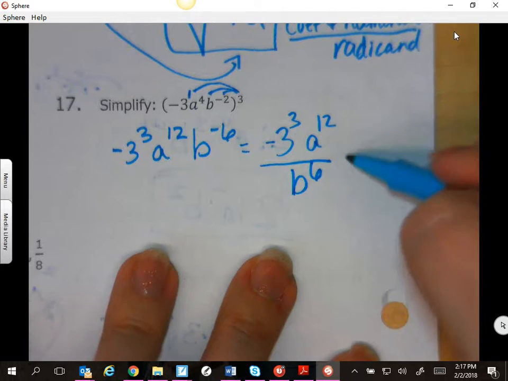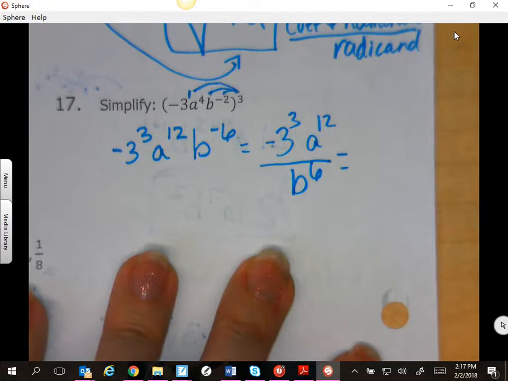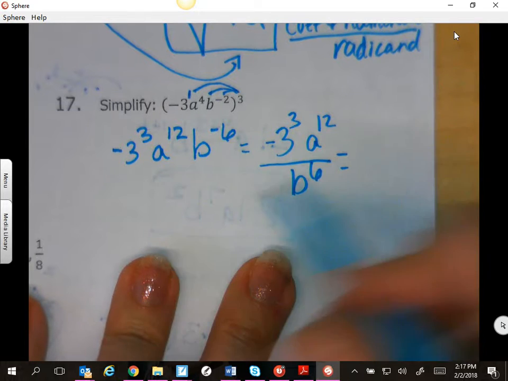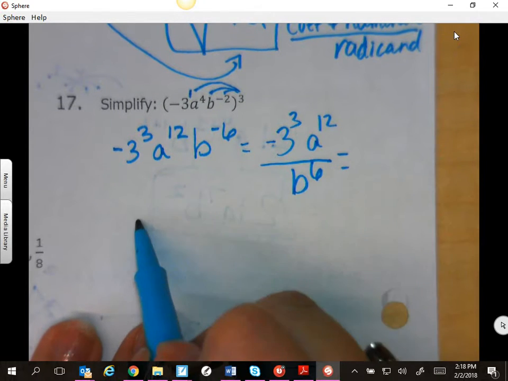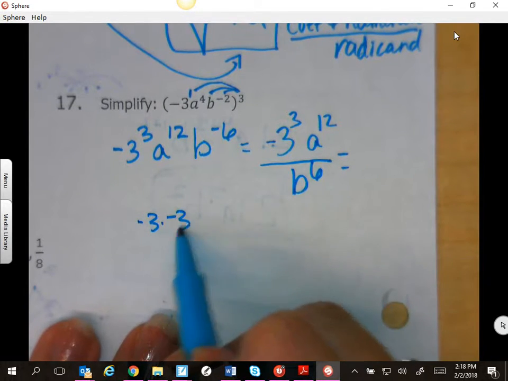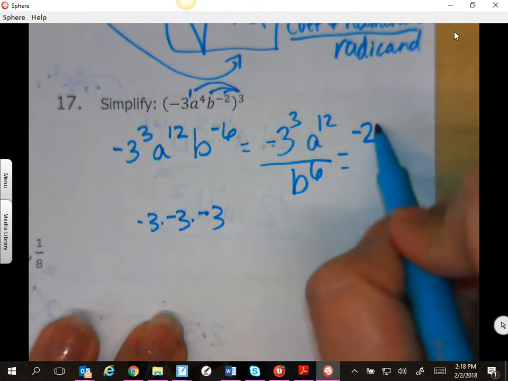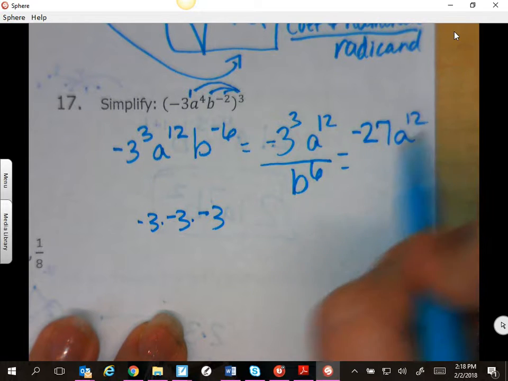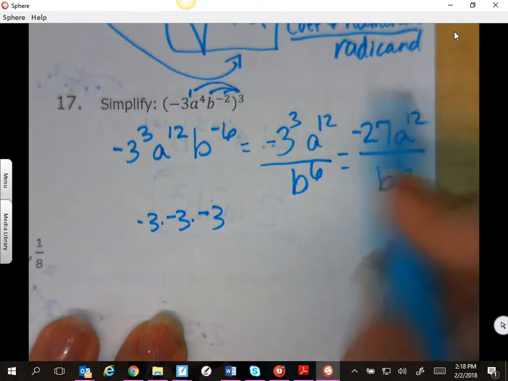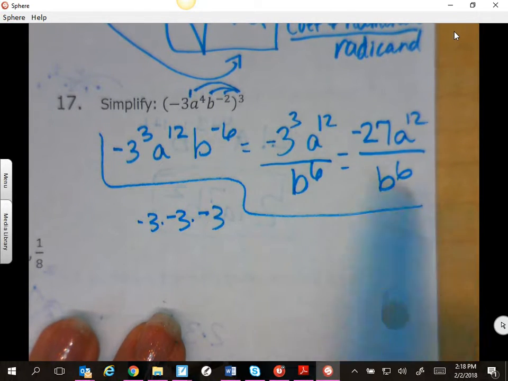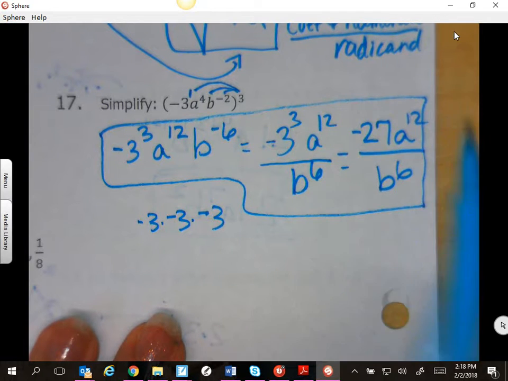We could even simplify negative 3 cubed. Now, please be careful when you do this, because that is not a positive 27. Negative 3 times negative 3 times negative 3. This is positive 9 times negative 3 is a negative 27. So technically, all of these are possible answers.